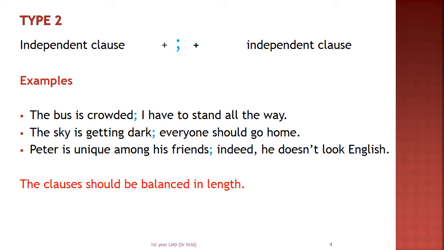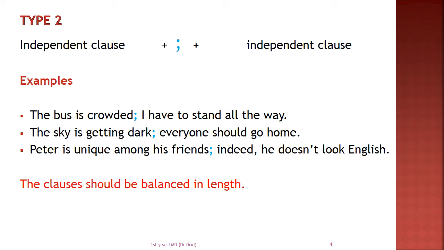In the second type of a compound sentence, we always use two independent clauses, but this time we link them only with a semicolon, without any conjunction. Examples: the bus is crowded, semicolon, I have to stand all the way.